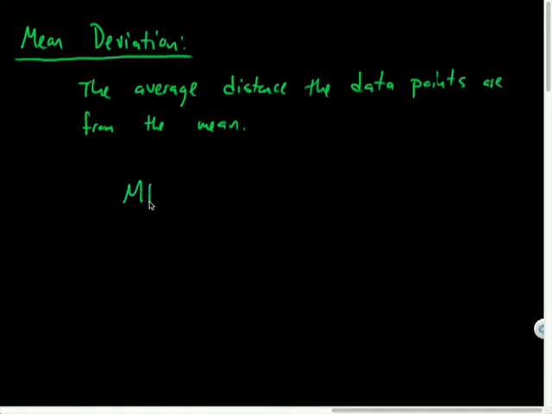Now calculating that is going to be a little bit weirder, but I'll give you a formula. Mean deviation is equal to, well, it's an average, so I'm going to have to find the sum and divide by the number of data points. So I'm going to multiply by 1 over n, dividing by how many data points I have.